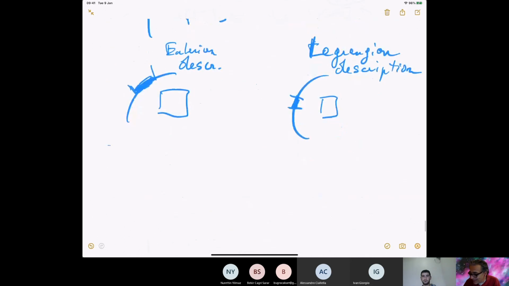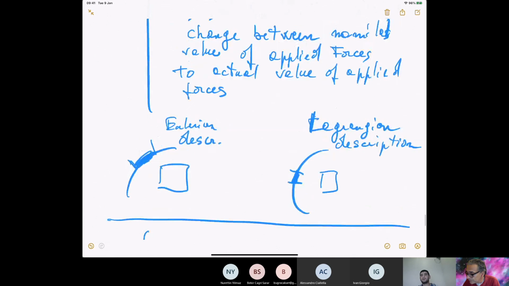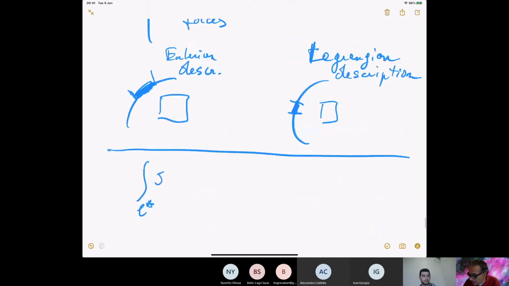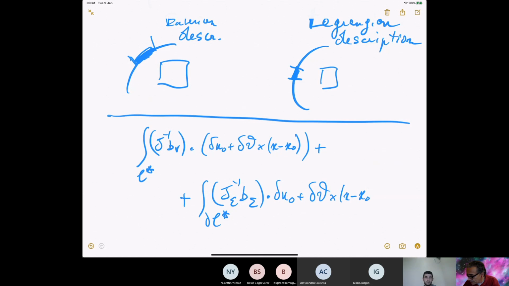So our condition necessary for equilibrium rewrites: integral over C star of b J minus 1 dv, dot delta U0 plus delta theta vector x minus x0, plus integral on the boundary of C star of J sigma minus 1 b sigma, delta U0 plus delta theta vector x minus x0.